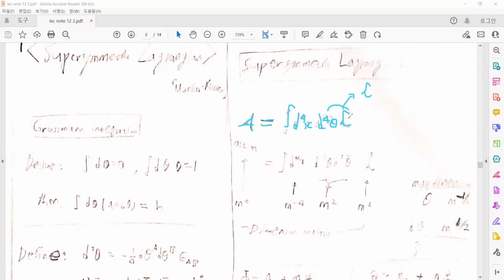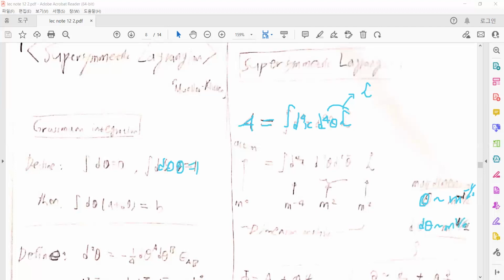So we integrate out the Grassmann variables theta. And recall that the mass dimension of theta is minus 1/2. And because the theta integral is defined as 1, the integral measure d theta has a mass dimension of 1/2.